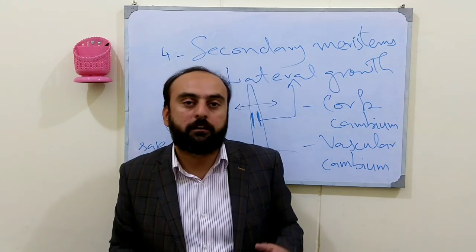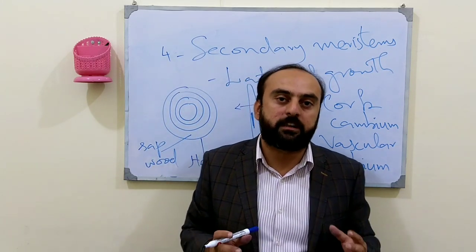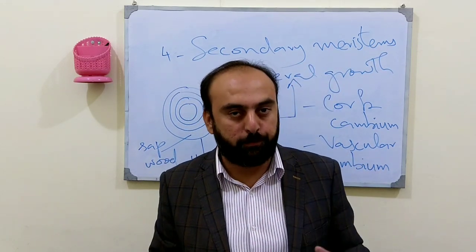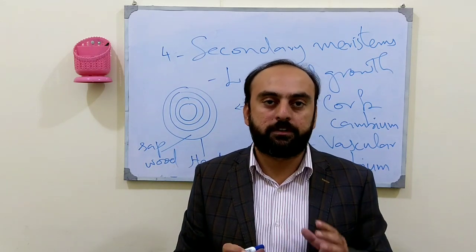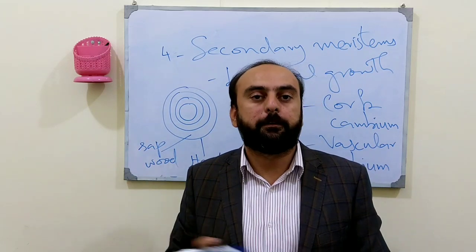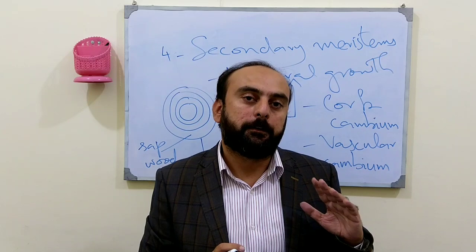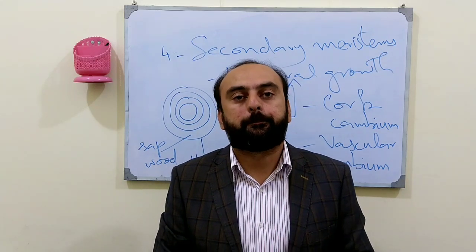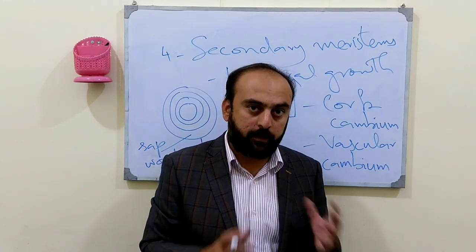So meristematic tissues consist of actively dividing meristematic cells, which are thin-walled, lack a large vacuole, but have a distinct nucleus, which when they divide, they keep on dividing, and they are responsible for vertical or horizontal growth of plants, and these are localized regions of active growth.